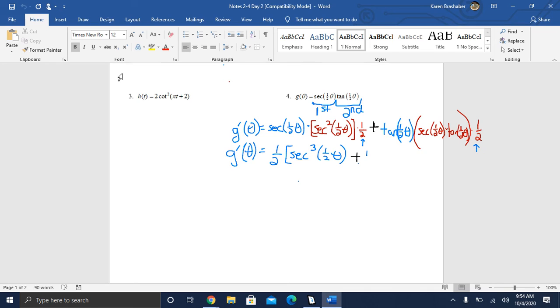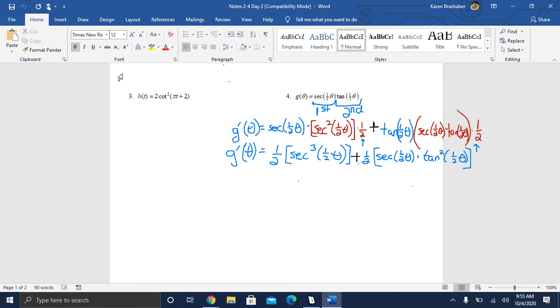So we have 1/2 again, and then we could have secant of 1/2 theta times, and then since we have the two tangents, we could say tangent squared of 1/2 theta. And that would be okay to have for your final answer. Let me clean up my brackets here a little bit. So you could have it like that. That would be fine to have for a final answer.